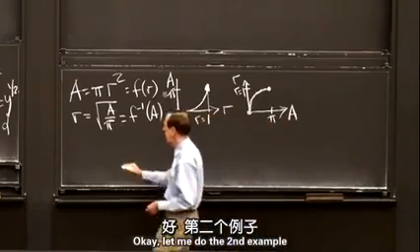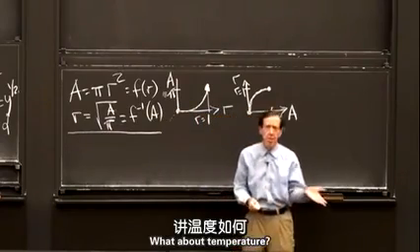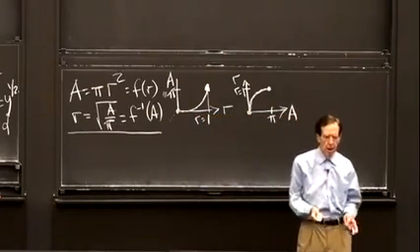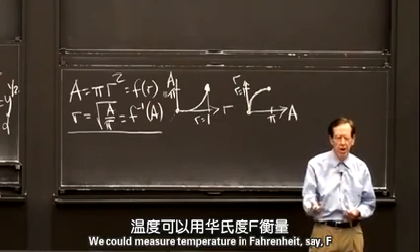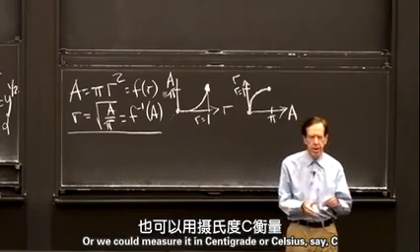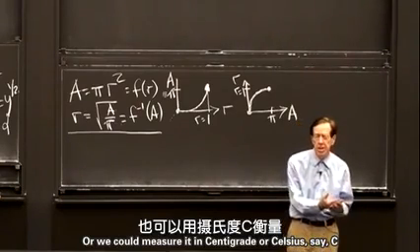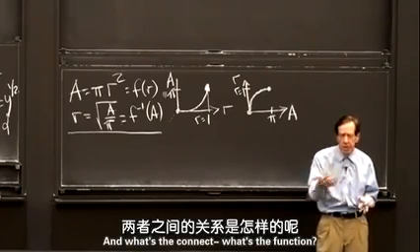Okay, let me do the second example. What about temperature? We can measure temperature in Fahrenheit, say F, or we can measure it in centigrade or Celsius, say C. And what's the function?